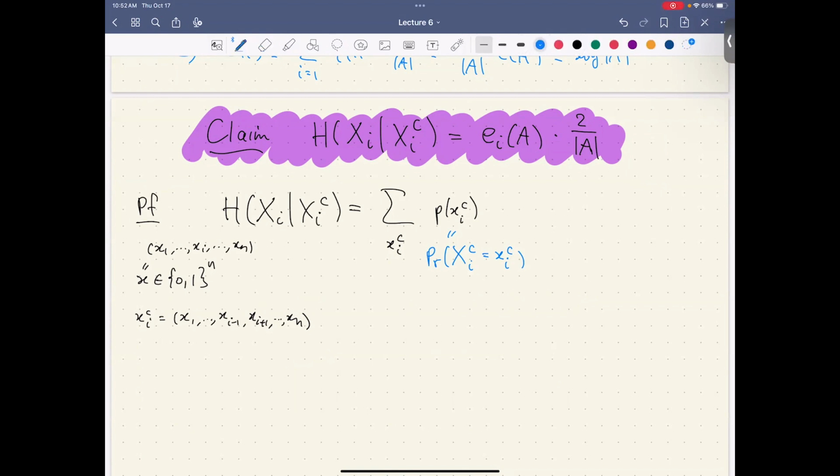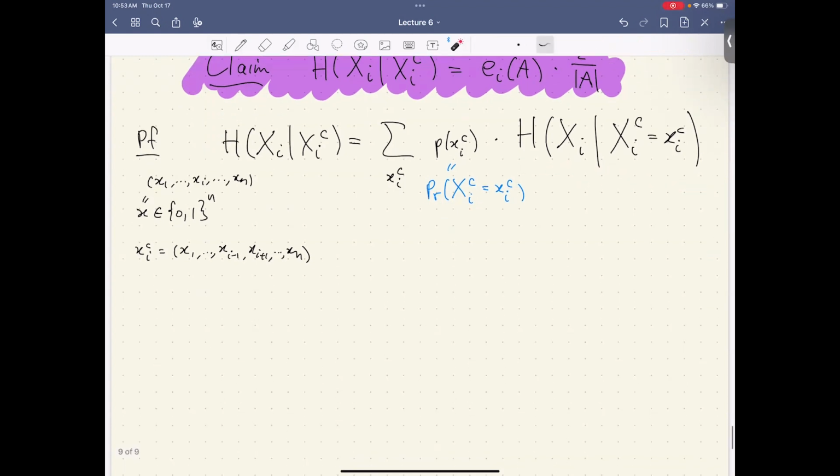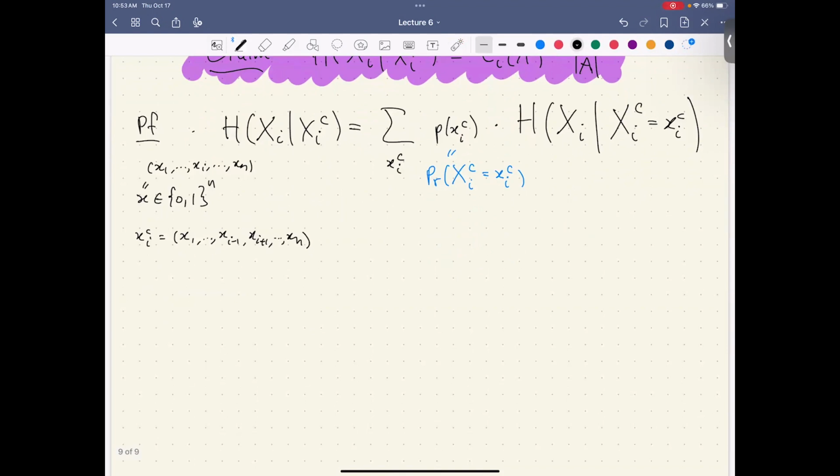Times the entropy of the ith coordinate given that the remaining coordinates look like this. Any questions so far? Just the definition of conditional entropy. Now let's first look at this conditional entropy, H(xi | xi^c = little xi^c). It's good now to draw a picture.